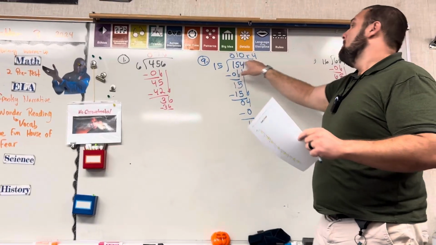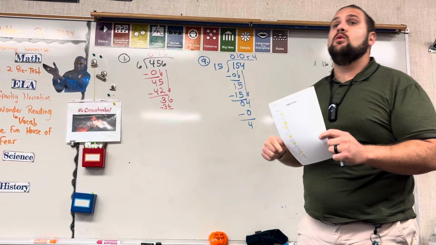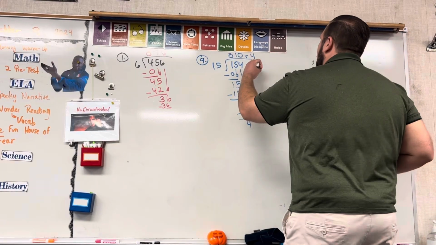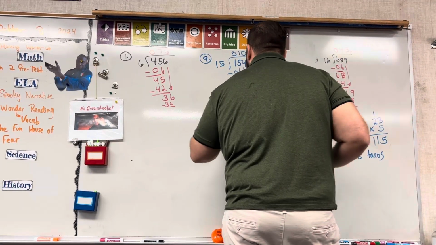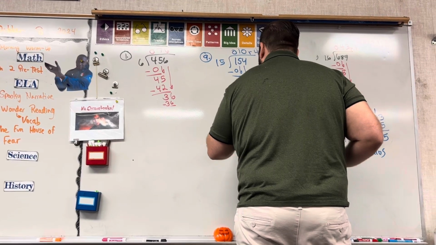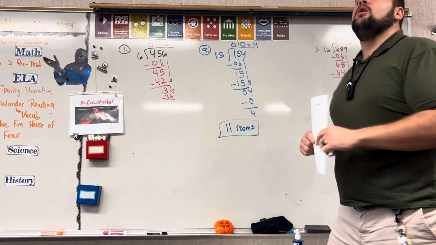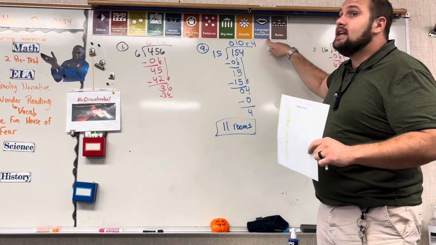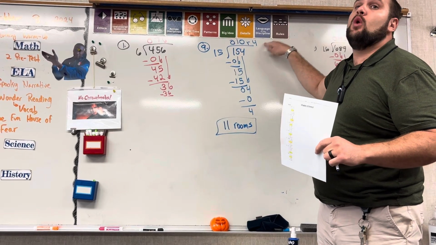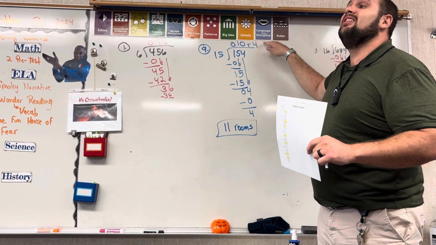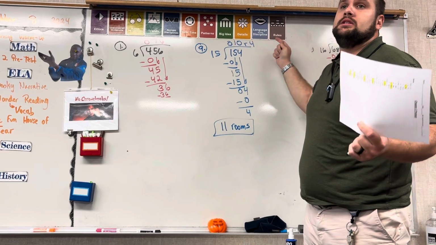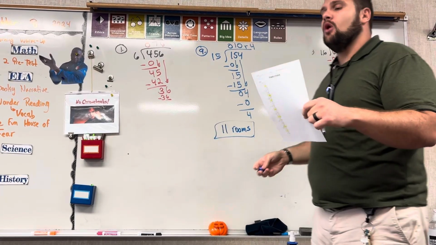So 10 plus another room for these 4 makes it what? 11 rooms. Michael's going to need to get 11 rooms for his employees. So a lot of you guys had the right answer, but you didn't answer the question correctly. He needs 11 rooms because these 4 people, they need somewhere to stay too. They can't be out in the street in the shivering cold.